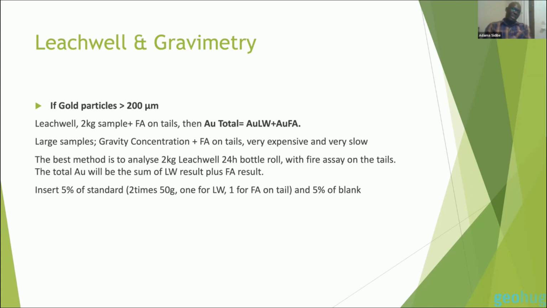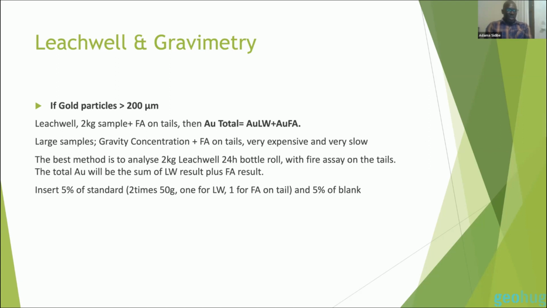For the key accuracy of the Leachwell, this is very, very important. I repeat, insert 5% of standard 2 times: one standard for Leachwell and one standard for conventional fire assay. And after that, insert 5% of blank.